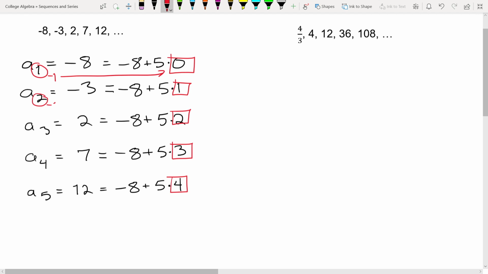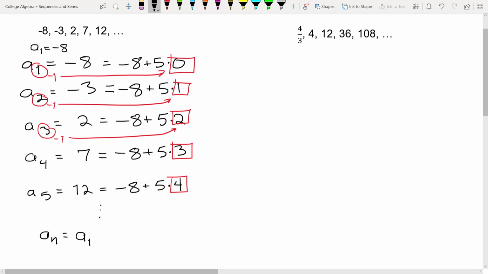This is 2 minus 1 is 1, 3 minus 1 is 2. So all we're doing there is taking n minus 1. What I can say then is, to find the nth term, we take -8, which is just A1, plus this 5 here.